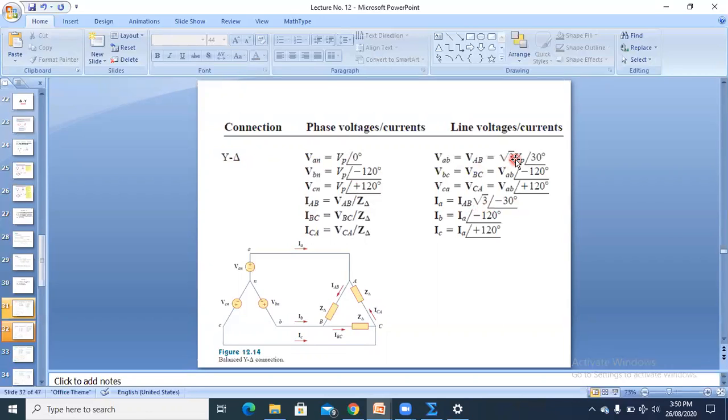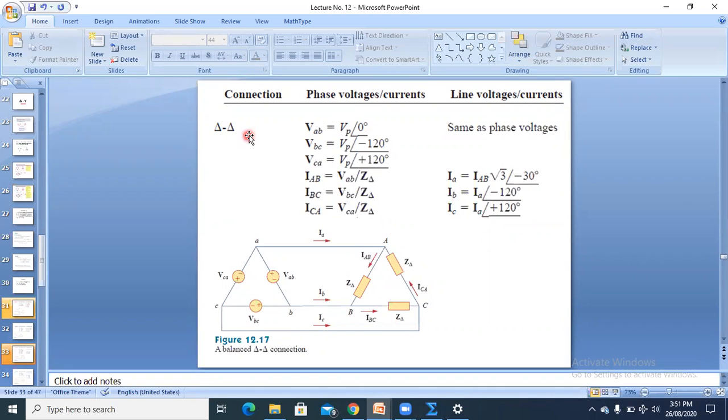The line voltage is √3 times the phase voltage with a 30 degree lead, and the line current is √3 times the phase current at minus 30 degrees, lagging. So this is the Y to delta connected system.